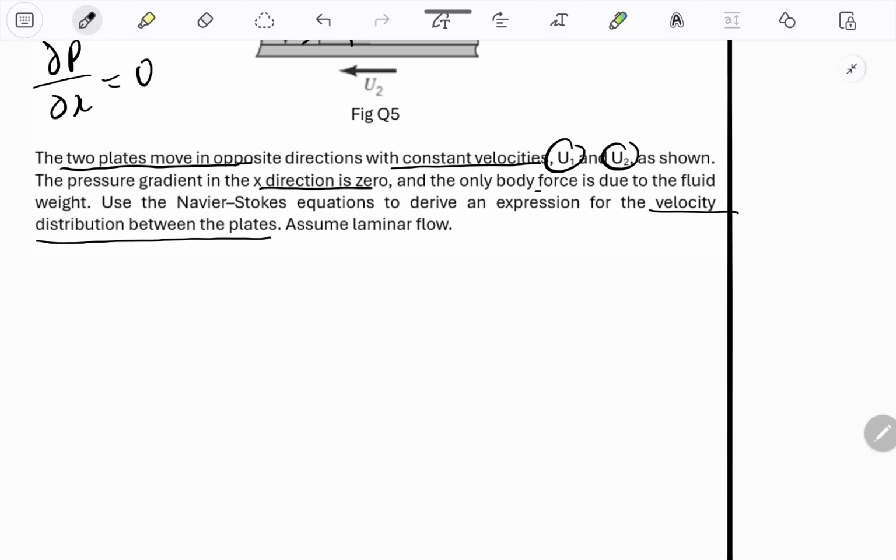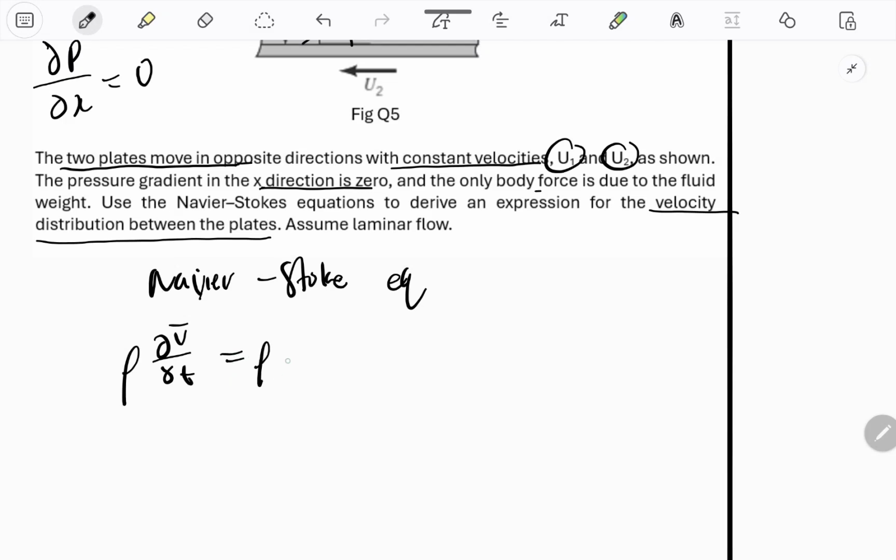So we're going to start with our favorite, the Navier-Stokes equation, that says that F equals ma. Actually, I like thinking about it that way because it makes things easier for me.